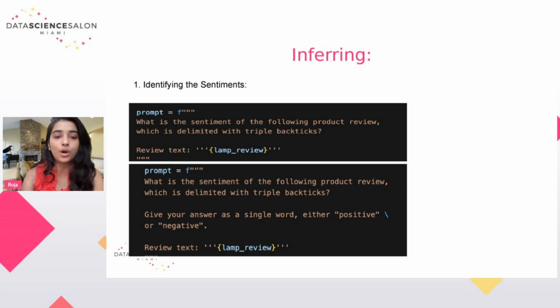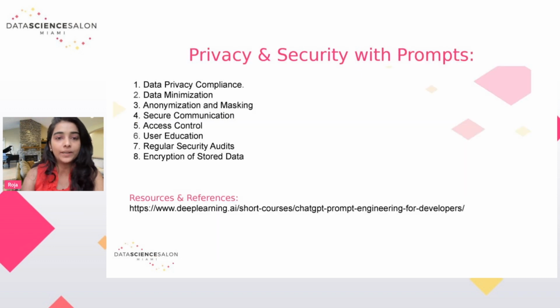Within our prompt, we can ask, hey, can you let me know the sentiment of the product reviews for this text, or what kind of reviews I have received. Most times you can also ask in a single word what the sentiment is, whether these reviews are positive or negative. These are also some of the questions that you can provide within your prompts. So inferring is another thing that you can do.